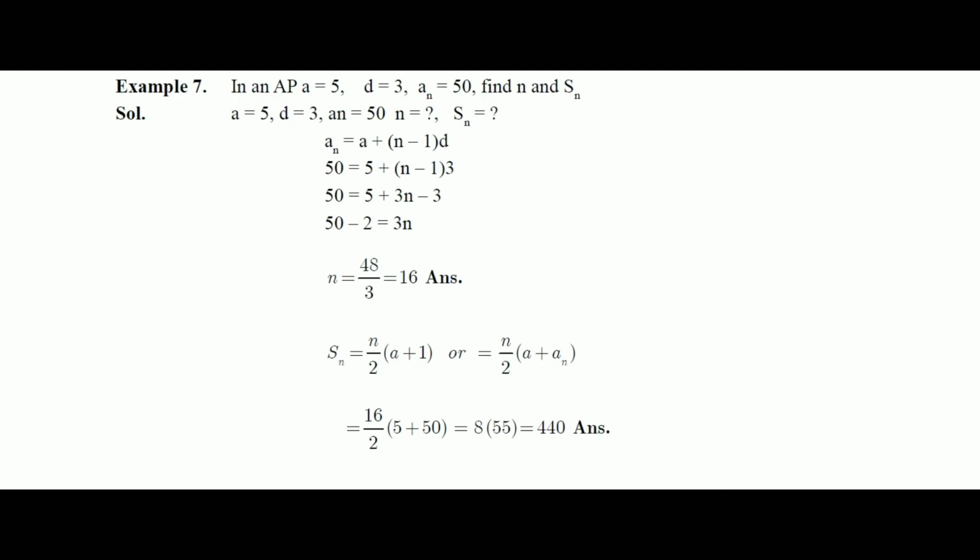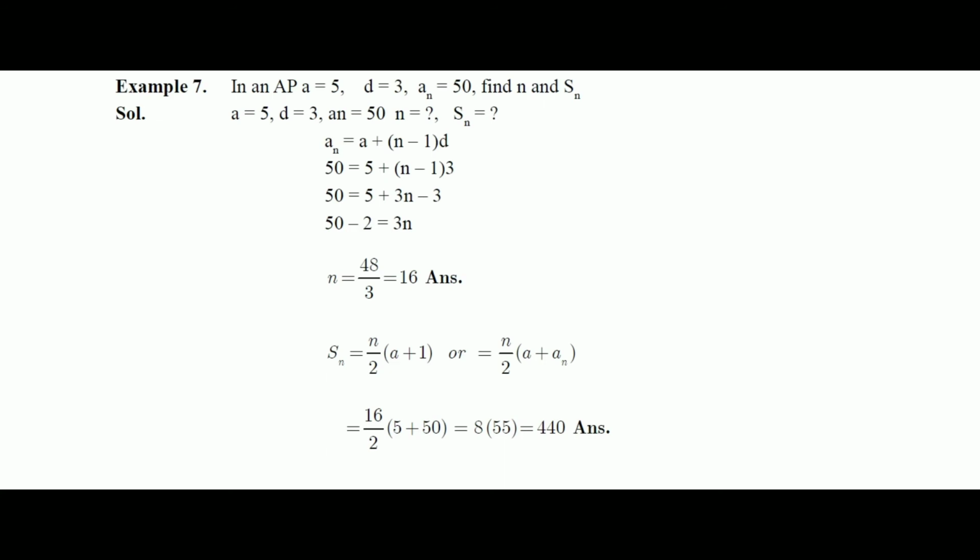In this formula, we substitute the given values an 50, a 5, d 3, and the equation becomes 50 equals 5 plus bracket (n minus 1) into 3. Next step is opening the brackets: 50 equals 5 plus 3n minus 3.